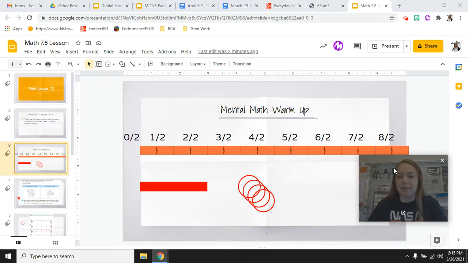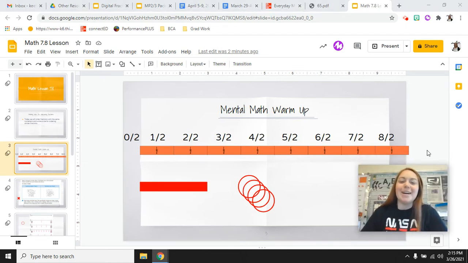So to start, we're going to try something a little bit different. With this one, it is a mental math warm-up using fractions. What they want you to do is whenever a fraction is a whole number, you clap, okay? We're going to start at 0 halves, and then we're going to keep working our way up.